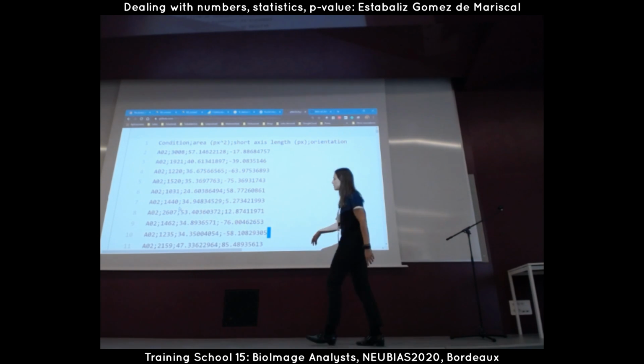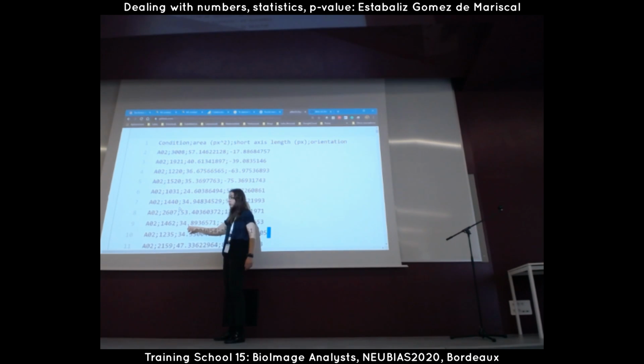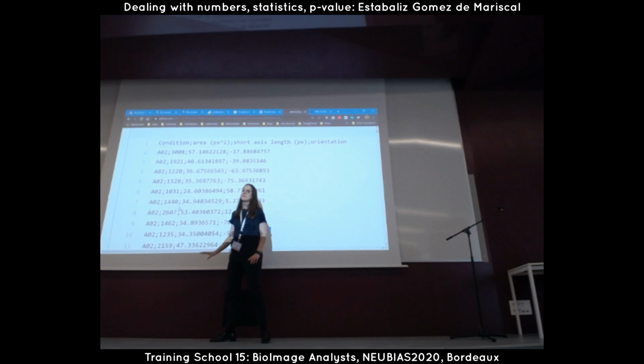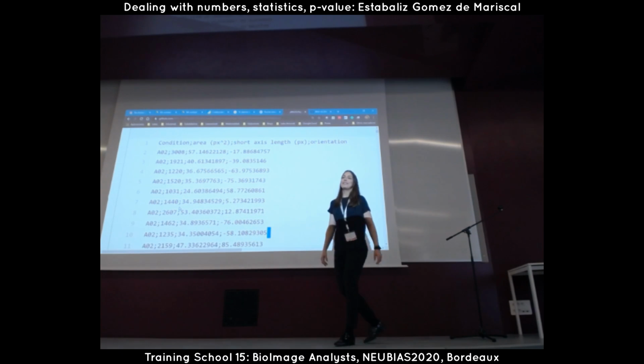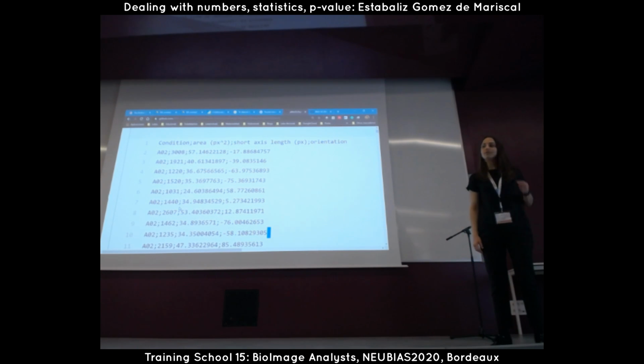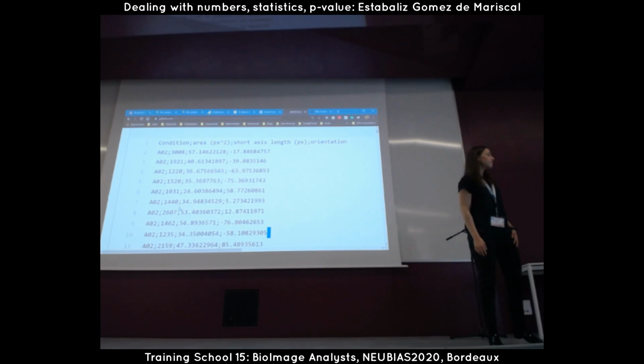Just make sure that this is a dot, okay, for Python, and that you did not write it as a semicolon here. If you use Excel, it's fine. But these kinds of things, the dots and the commas, please make sure that they match the Python configuration.